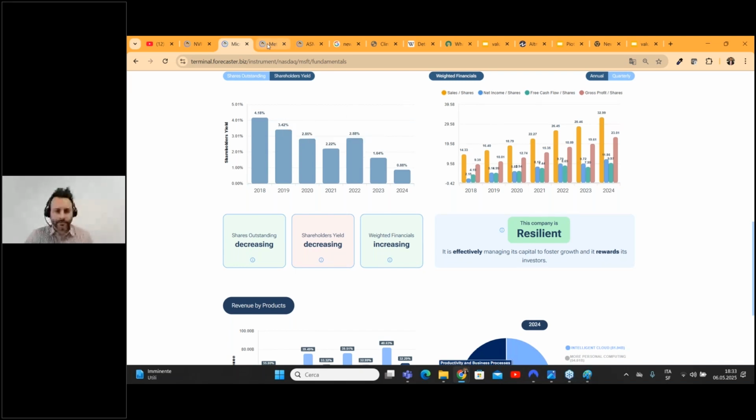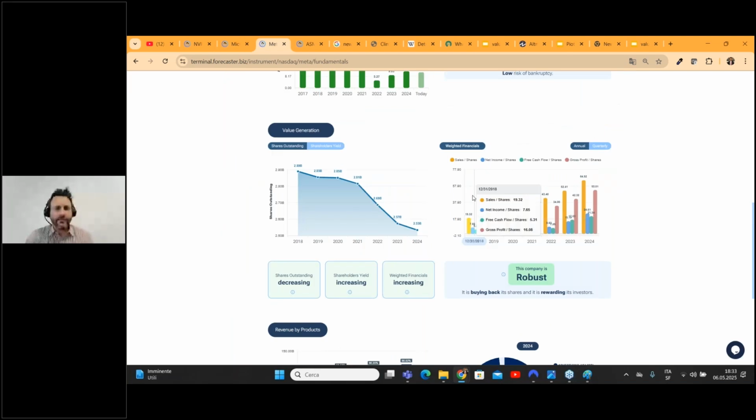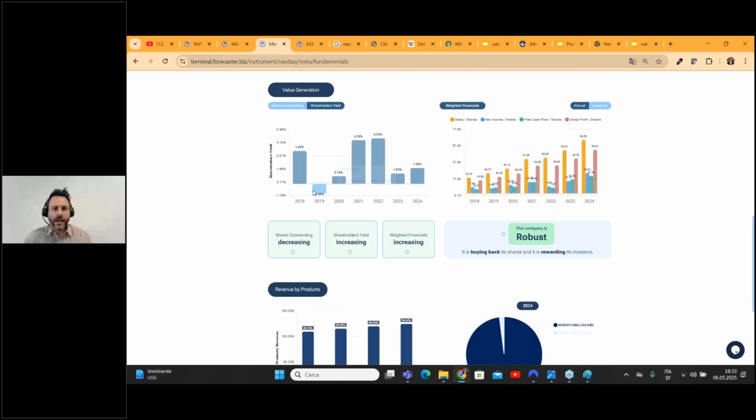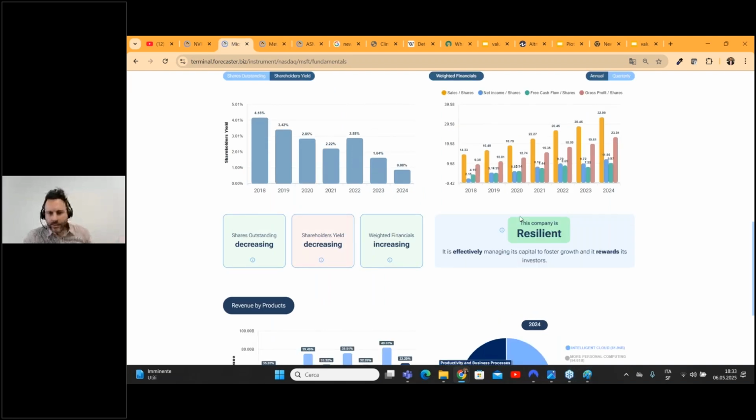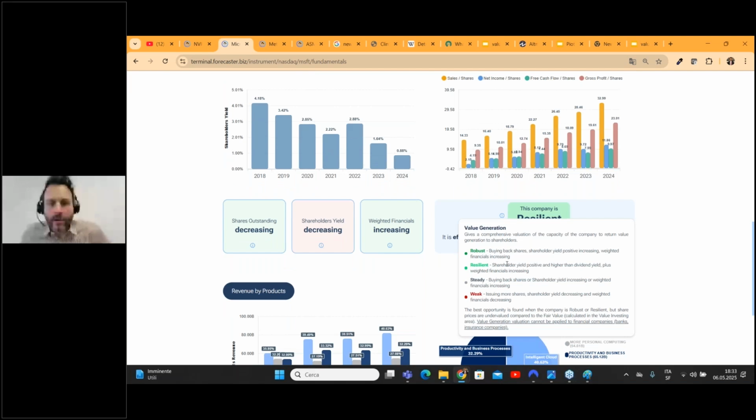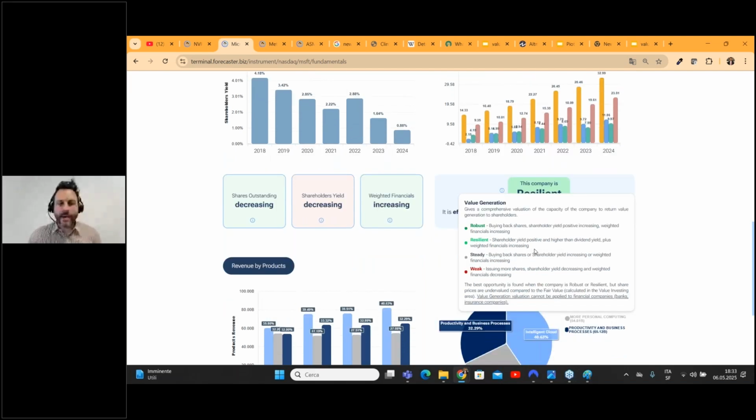Here we have the shareholder yield for Meta, which is increasing. Everything is good, and this is why the company is valued as robust. In the case of Microsoft, the company is resilient, which is of course good because it is here in green, so it's good. But robust, of course, is better.